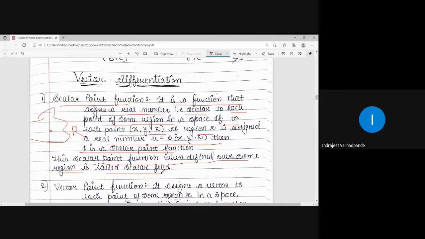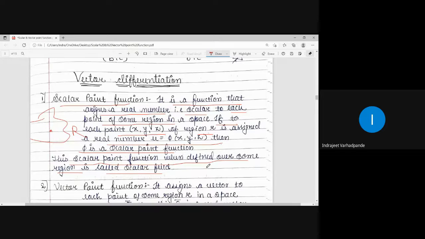If any point of a region in space is assigned a real number or a scalar, say u equal to phi of (x, y, z), then that particular function is called a scalar point function. The whole region is called a scalar field.